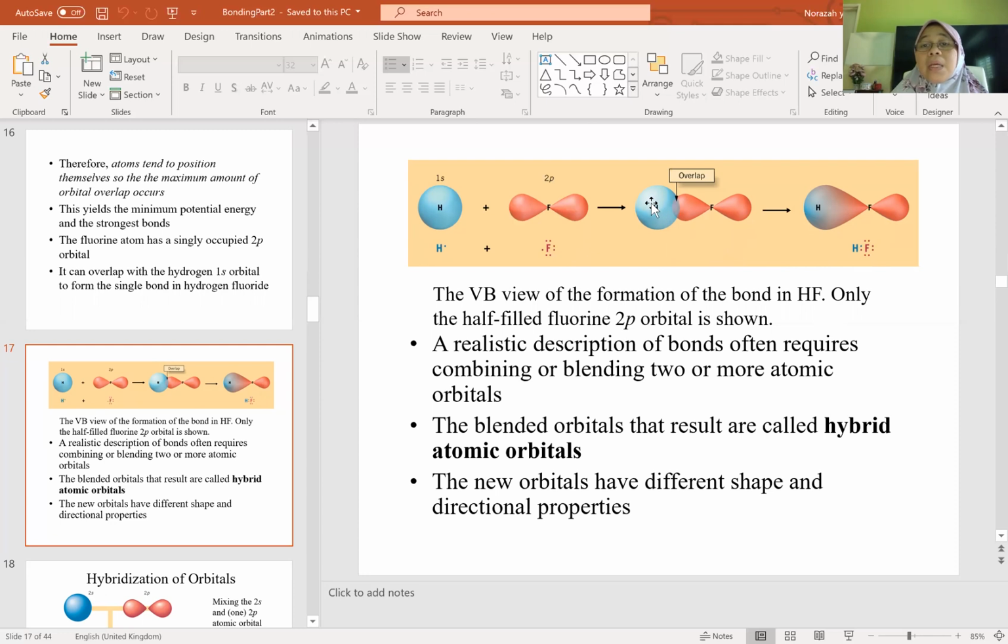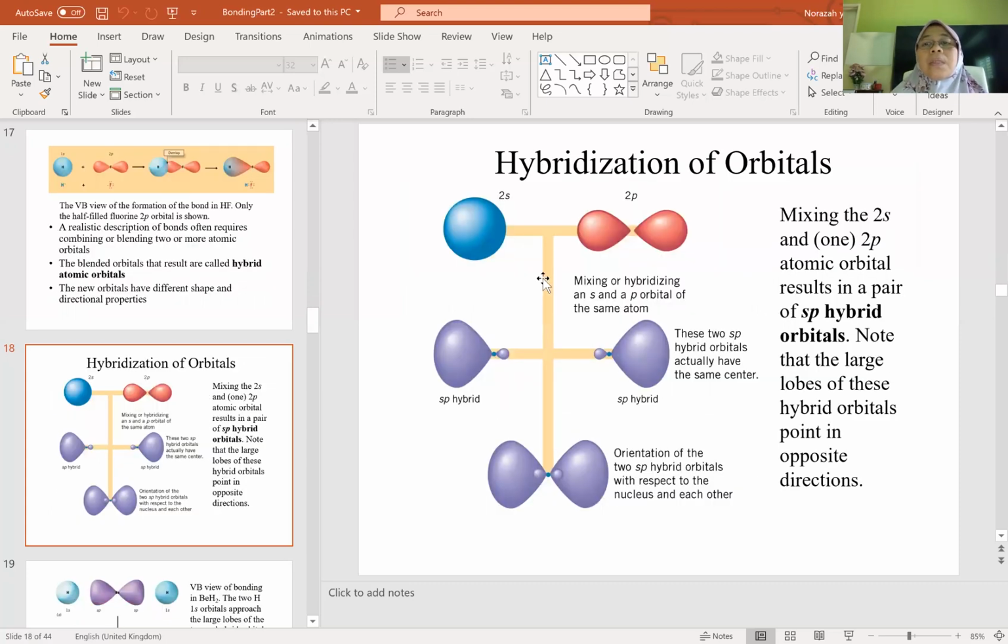You can see the 1s overlap with the 2p, and the electron is shared here. This is another simple diagram showing the combination of 2s and 2p, which will form a new orbital called the hybrid orbital, sp. The shape is now different from the original 2s and the original 2p.